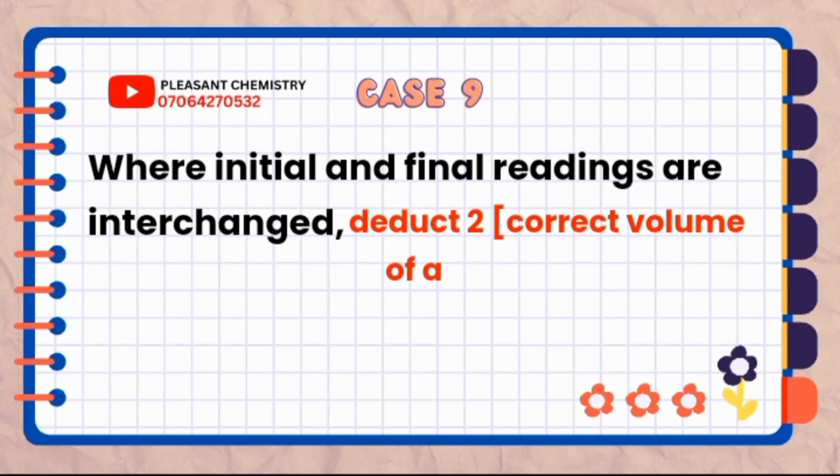Now this case 9 is very crucial and important, where initial and final readings are interchanged. The correct volume of acid used must be obtained. This case is saying that you should not interchange initial for final.